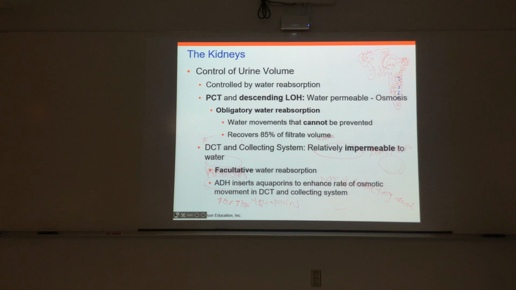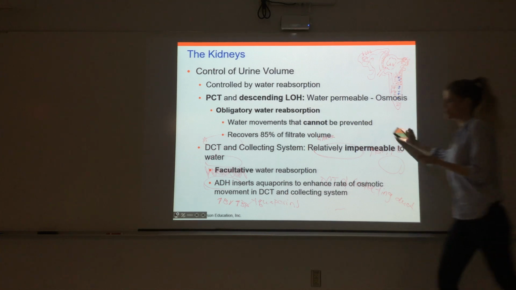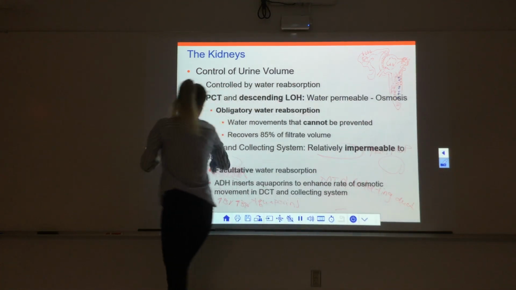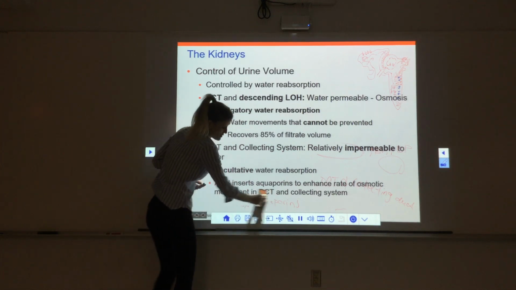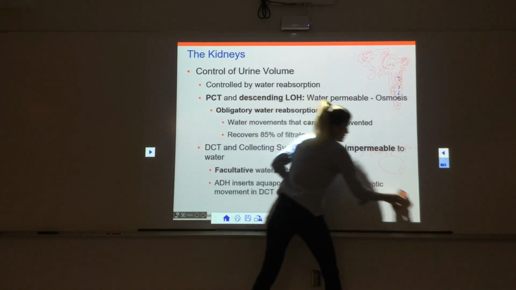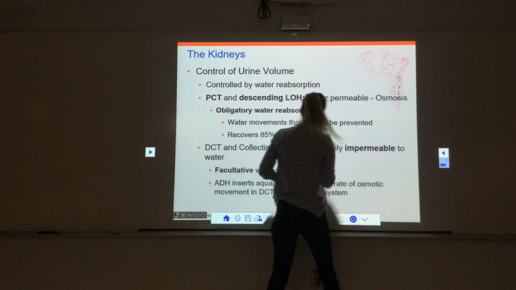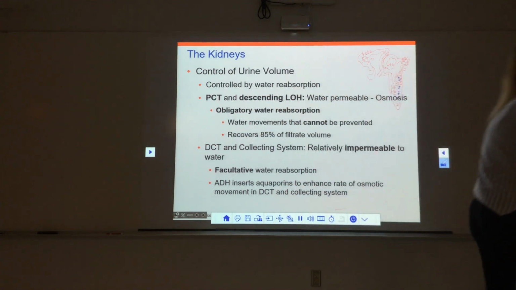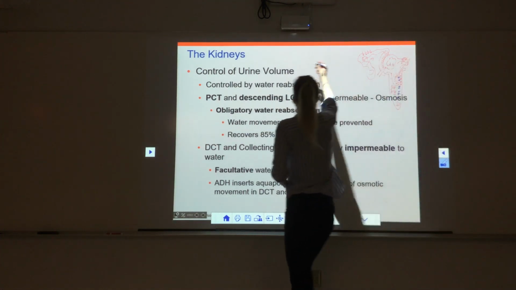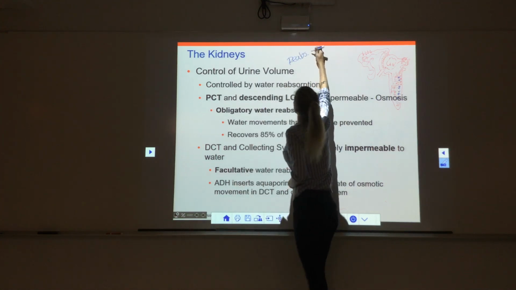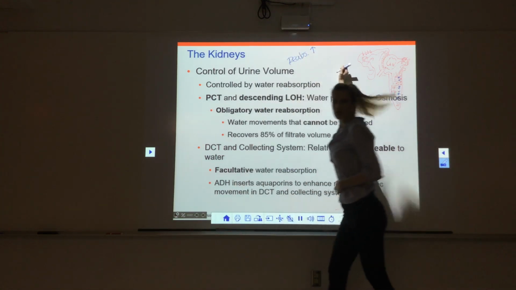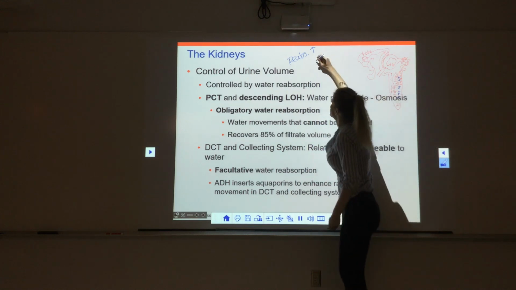So, urine volume, or how much urine we produce, is inversely related to how much water we reabsorb. So if we reabsorb more water, what's going to happen to urine volume?